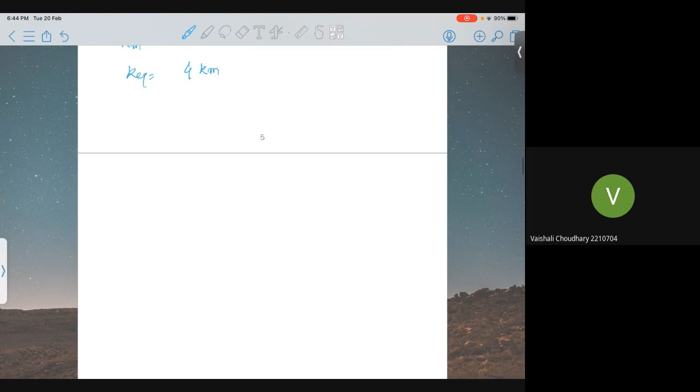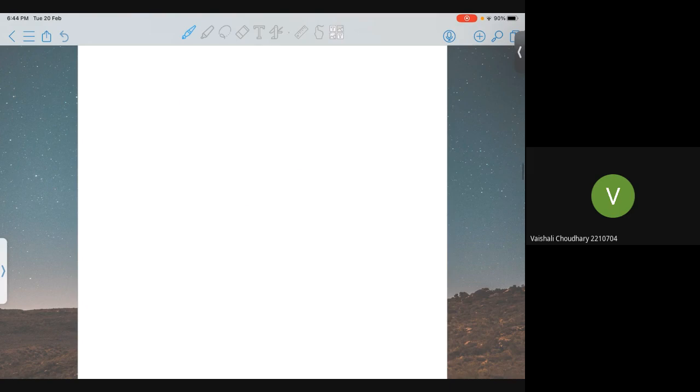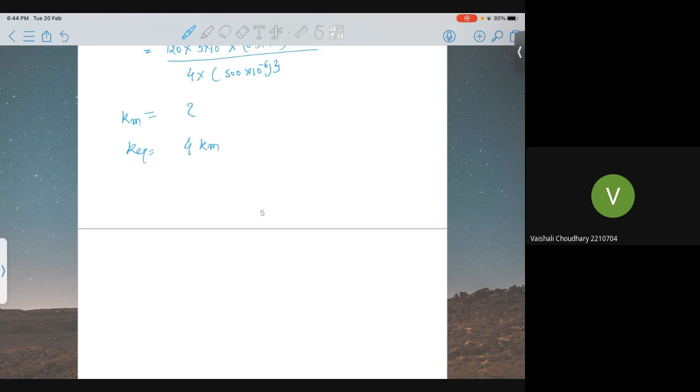Now we'll see the formula for maximum strain.